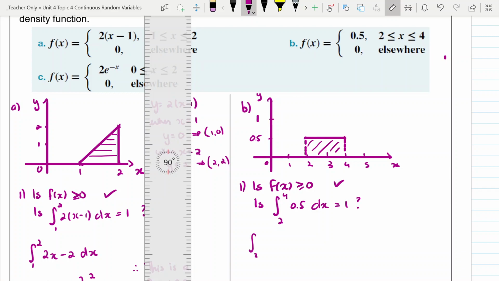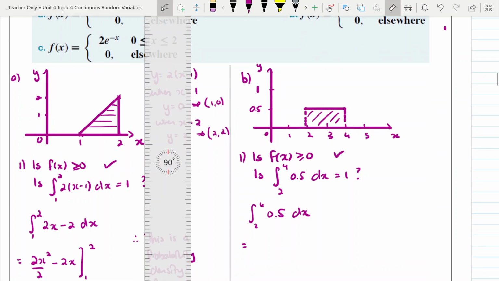The integral from 2 to 4 of 0.5 dx is equal to 0.5x from 2 to 4, and that value is 2 take 1, which is equal to 1. So therefore, this is a probability density function.